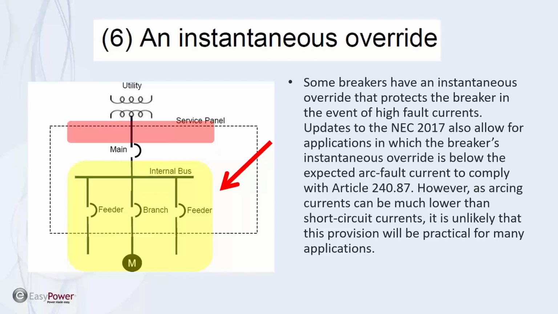So the protection of somebody working on, in this case, the internal bus, having an instantaneous breaker downstream doesn't protect me from a fault on the bus itself. So the need to have an instantaneous trip setting on the main is part of the discussion. And yes, you're going to have a problem with selectivity, and there's no recommendation on how to deal with that from the National Electrical Code.